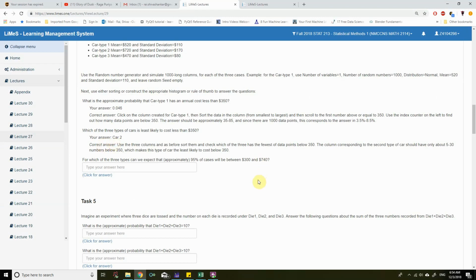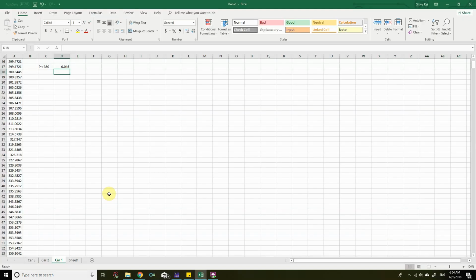Okay, so that's fine. Which of the three types can we expect that approximately 90% of the cases will be between 300 to 740? Let's go for car 1 and find out 300 to 740. So 300 lies in the 18th row. Let me just mark it.